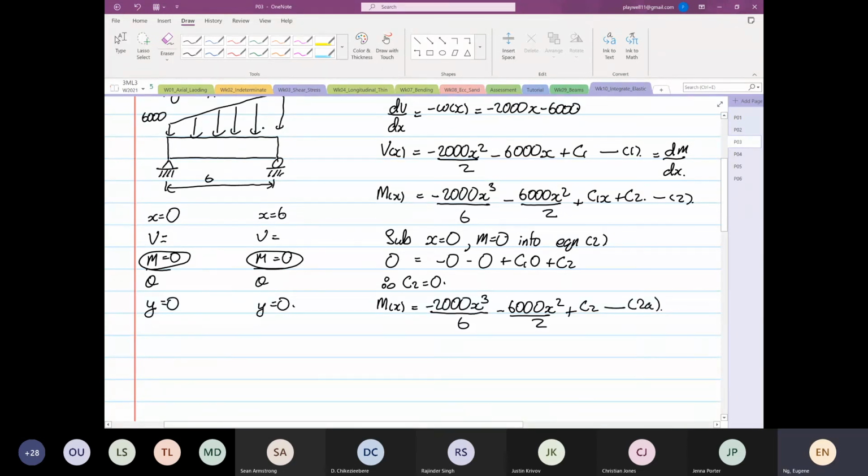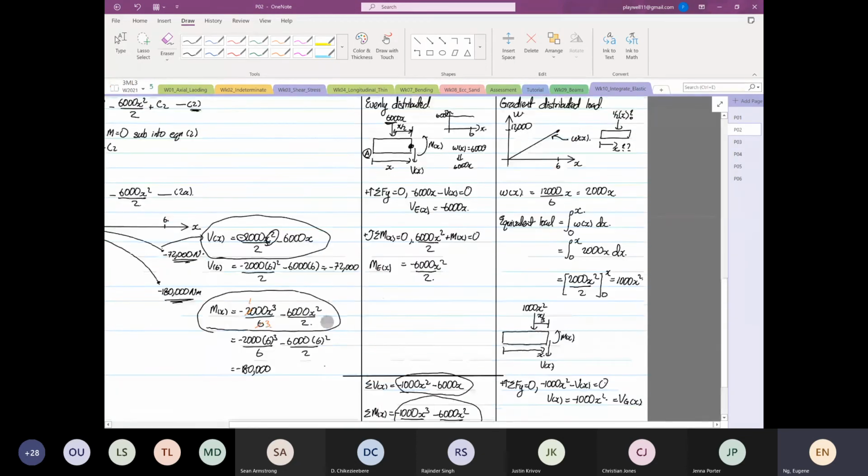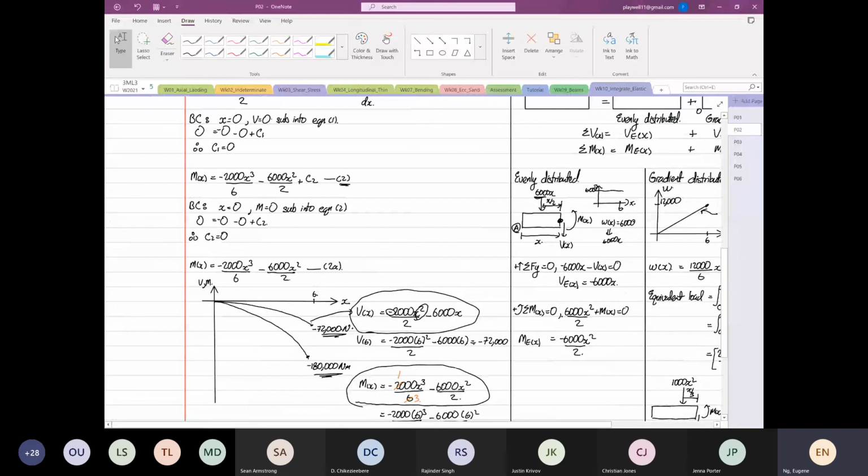Okay. So now, if you look at this expression, everything is still good. It's still the same as the previous one in terms of moment. The previous one at this stage is equal to minus 2000 x cubed over 6 minus 6000 x squared over 2.